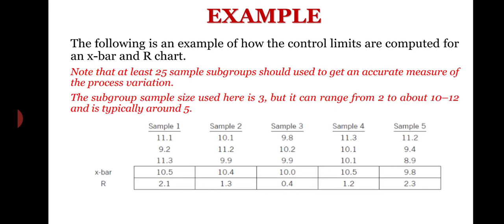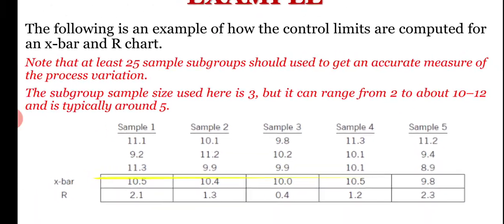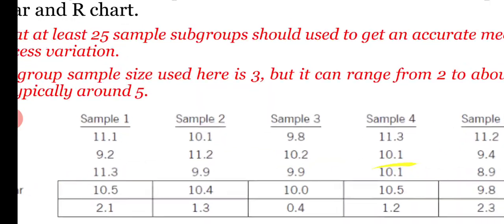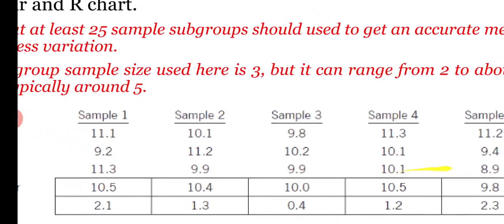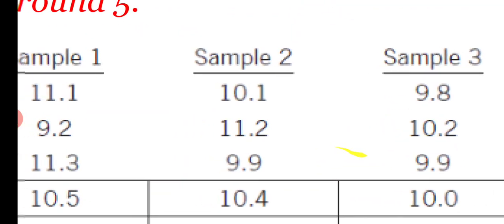Now going to the second example, the following is an example of how the control limits are computed. Just a calculation only. I am having very few samples, only 5 samples, and for each sample only 3 observations.